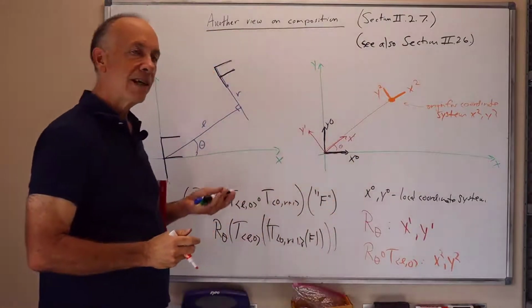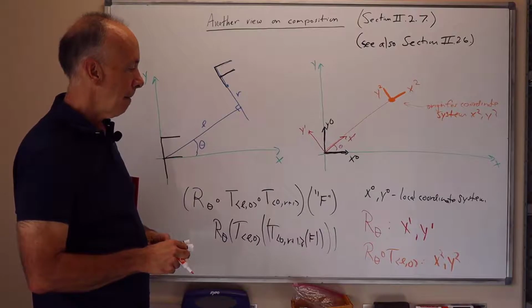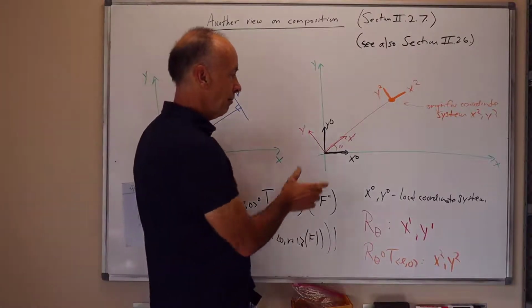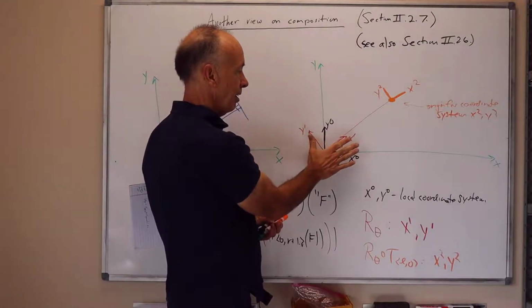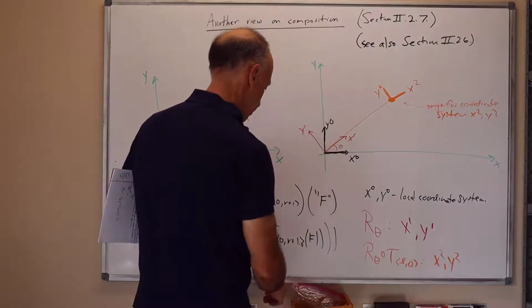And the direction of the two axes is given as drawn on the board here, right? And so that gives us the third coordinate system. We started off with local coordinate system x0, y0, then we have x1, y1, and finally we've got x2, y2.